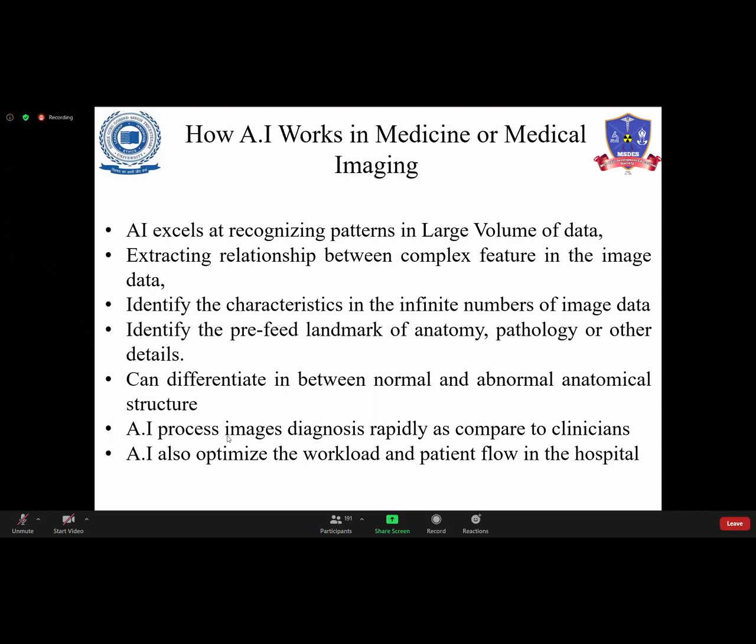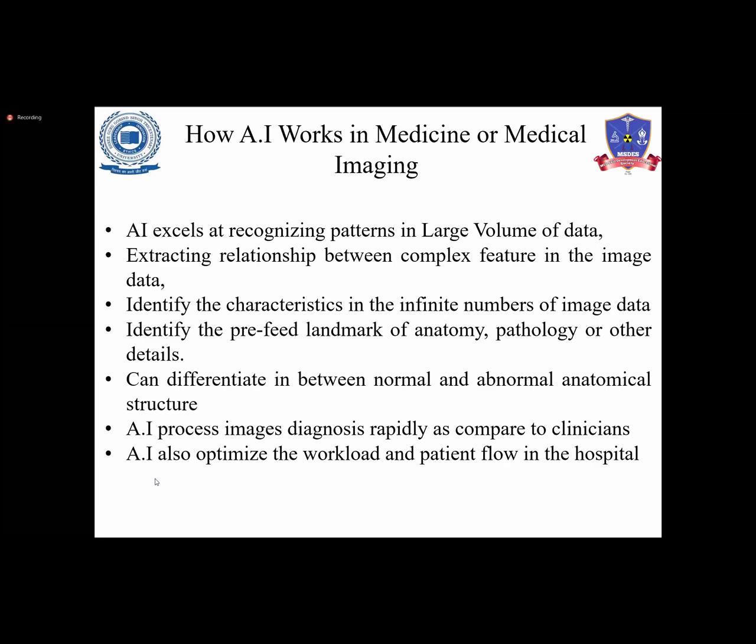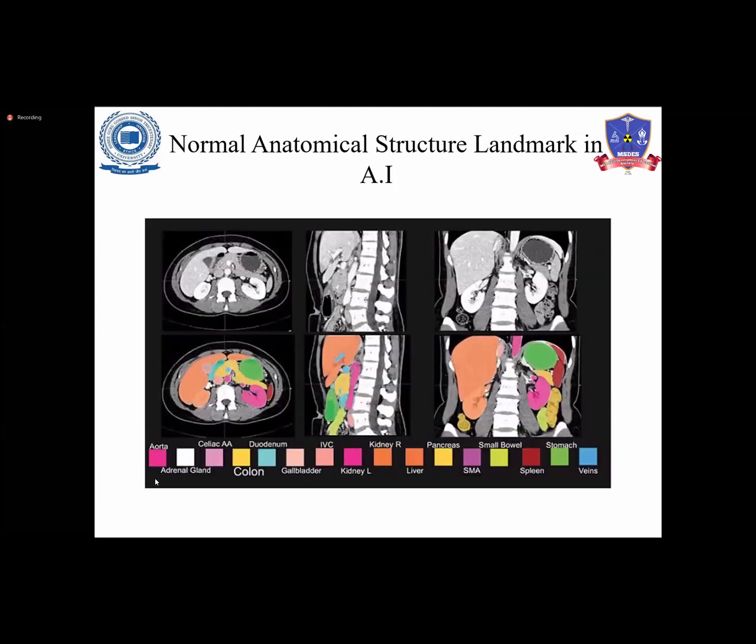As I am going to tell you from the very first slide, whichever kind of data we feed into the system, we get the result accordingly. So how do we feed the data into the AI system? Suppose we have the normal anatomical structure of a patient's abdomen.